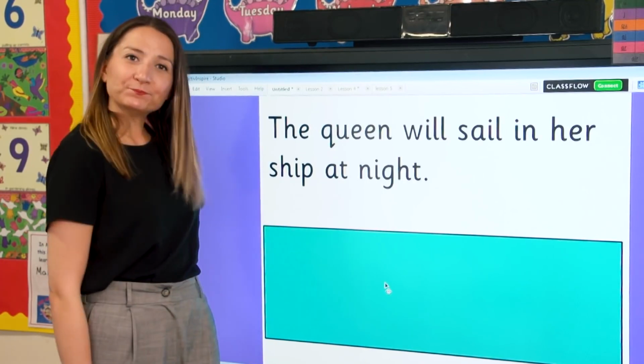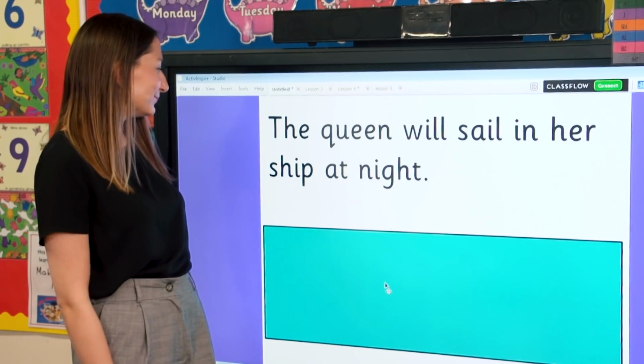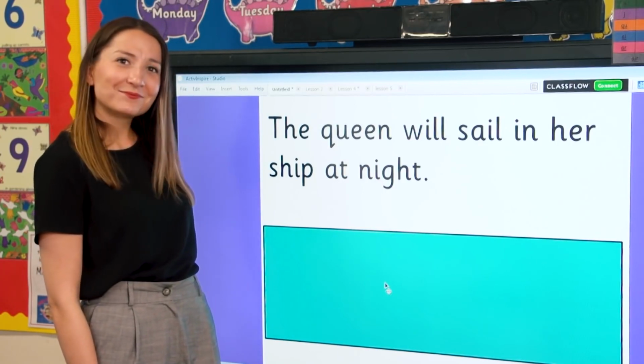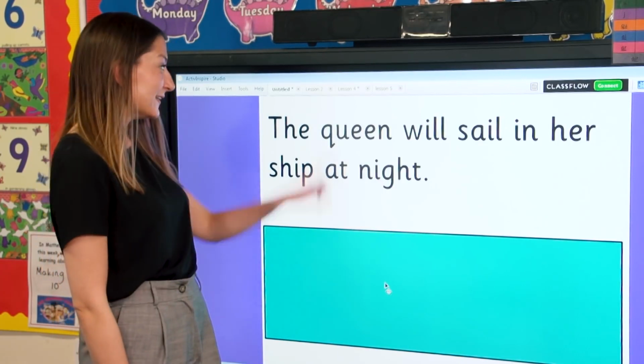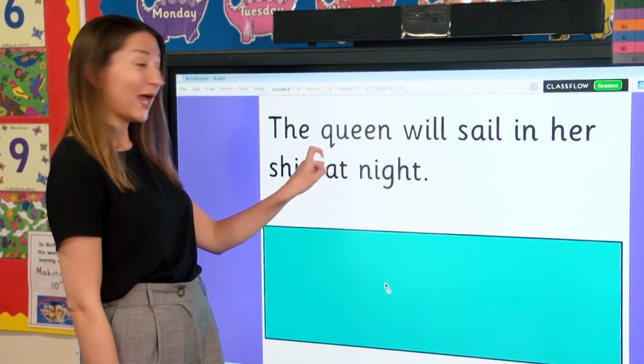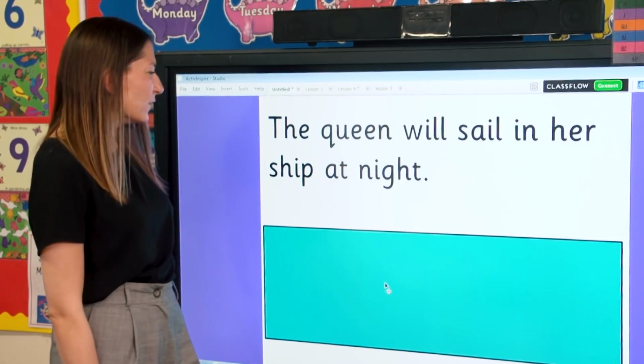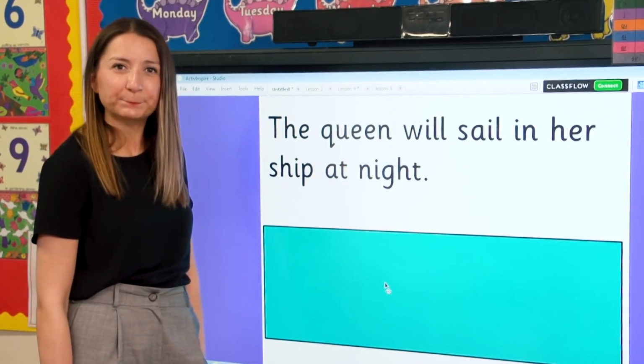Have a look at this one. Can you see a word with two digraphs? Yes, this word has two digraphs, the digraph qu and the digraph ee. Can you see any other words with a digraph in?